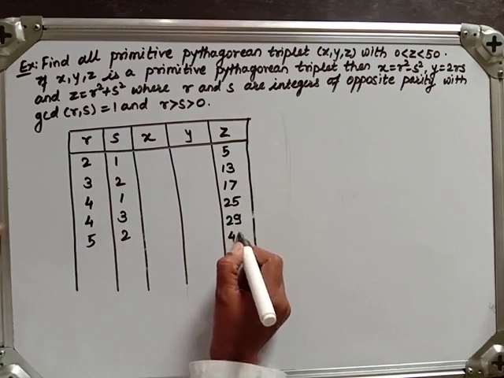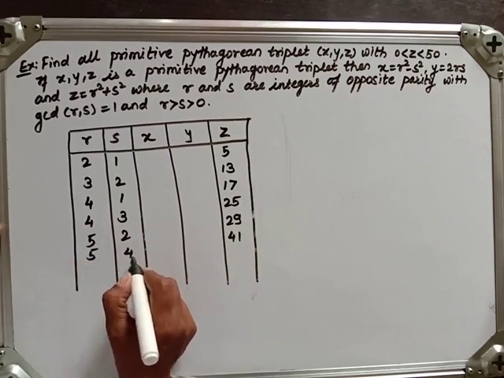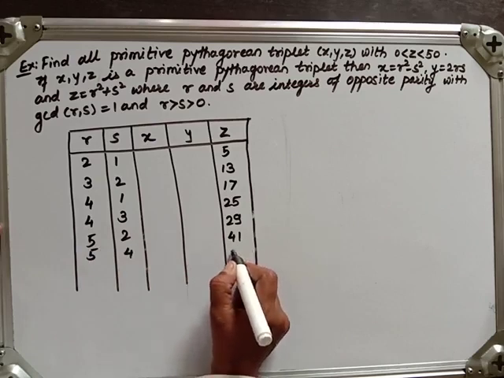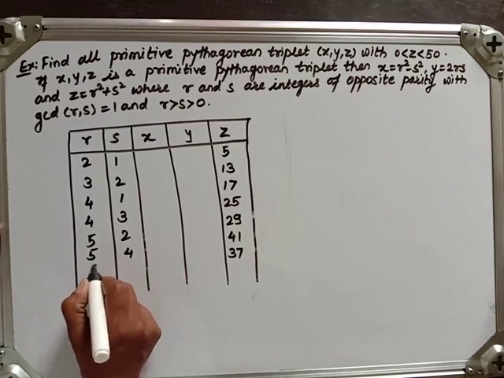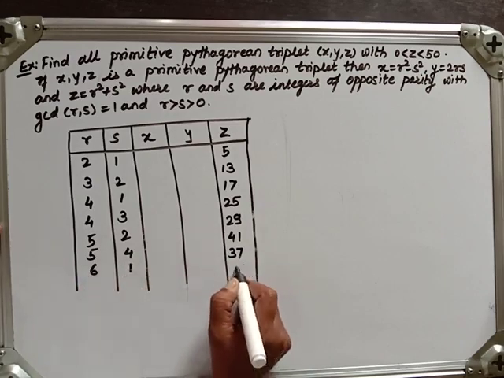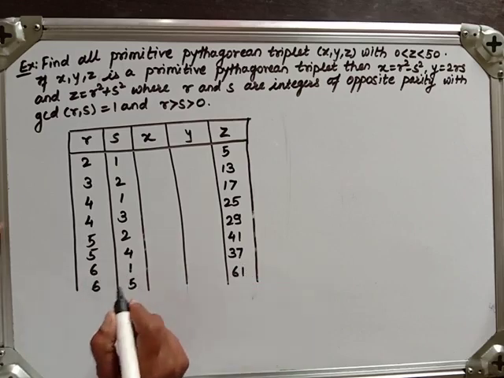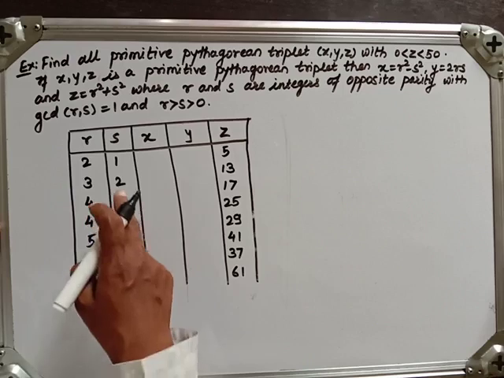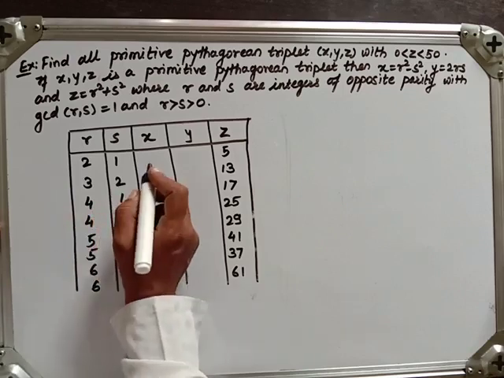Further 41: r is equal to 5, s is equal to 4. Then before that one left, 37: r is equal to 6, s is equal to 1. And suppose 61, then r is equal to 6, s is equal to 5. R must be greater than s, that's why I can take as such. Otherwise we can take the reverse pairs also.